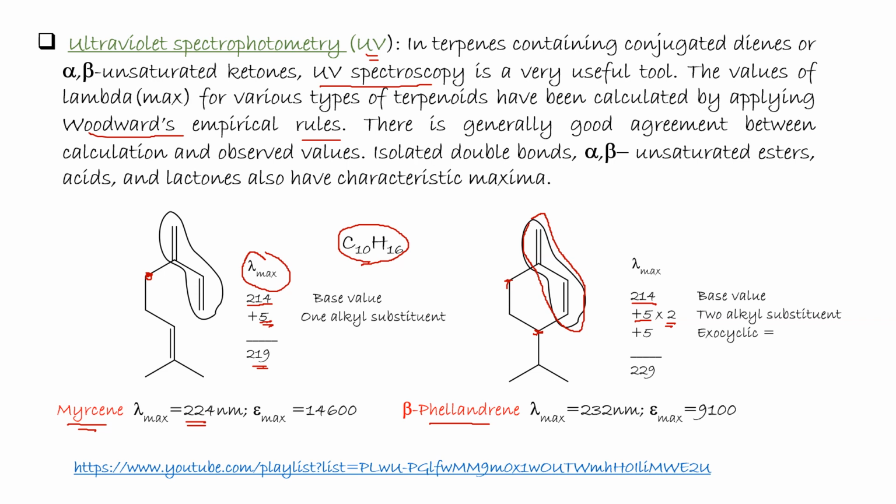We have here a double bond going into the ring, so it is an exocyclic double bond, so we add 5, and the calculated value here is 229, and the observed value is 232 nanometer. As we can see clearly, this value is close to that, and this is close to that.